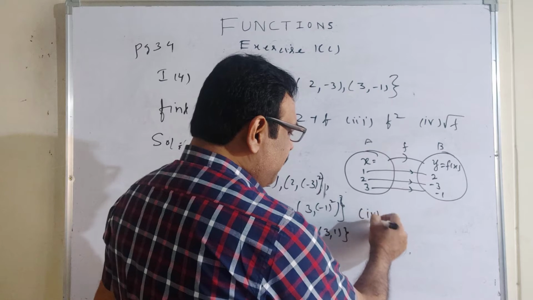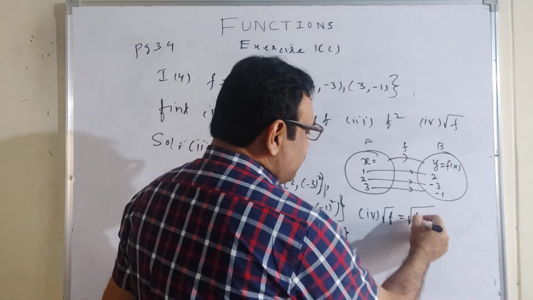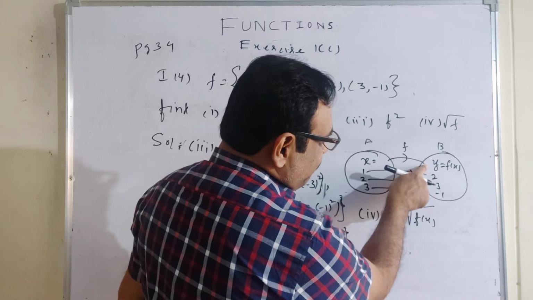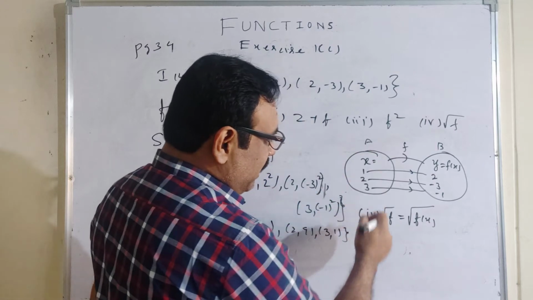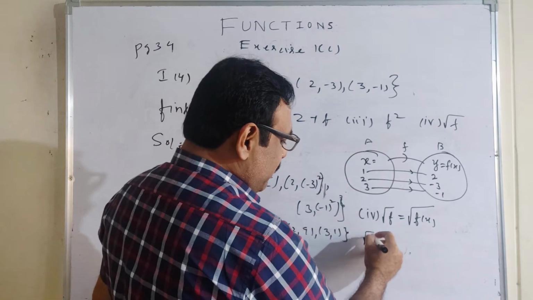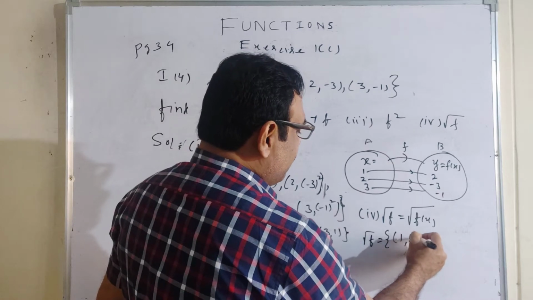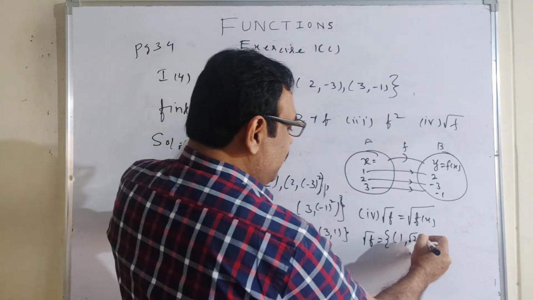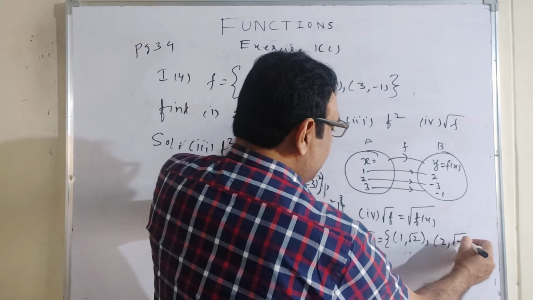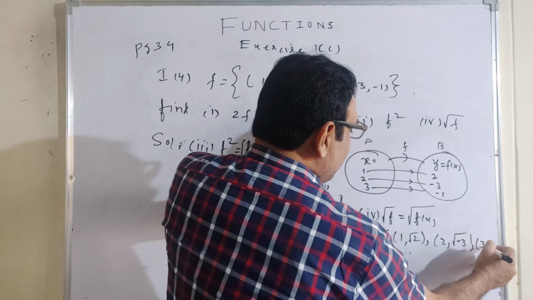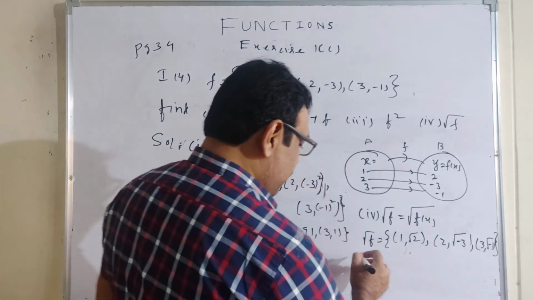The fourth bit, when I'm trying to understand root over f, in the sense you have to understand that root of f of x. That means here root 2, root of minus 3, root of minus 1. Domain elements will be the same. So root over f is equal to, you are going to write 1 comma, apply the square root for the codomain element, close this, apply the root for the codomain element and close this part.